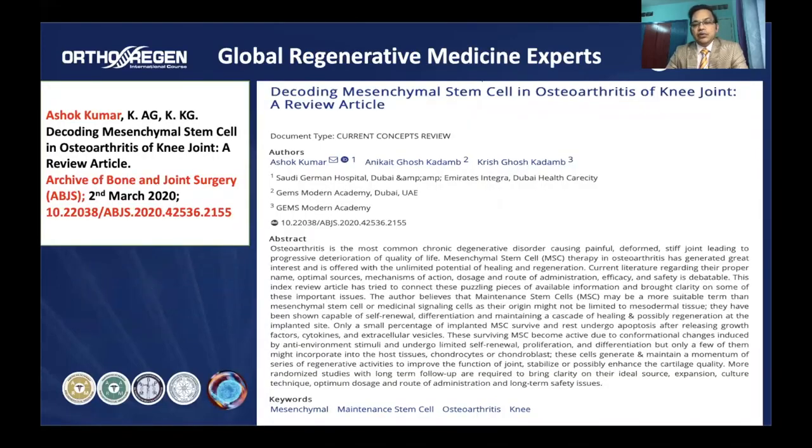We also looked into this confusion of different terminology being used in the literature. If somebody wants to know about stem cells, how they work and what they are, there are different pieces of information available on different sites.